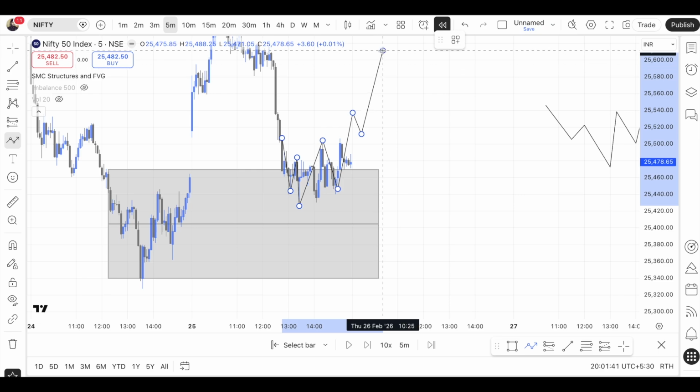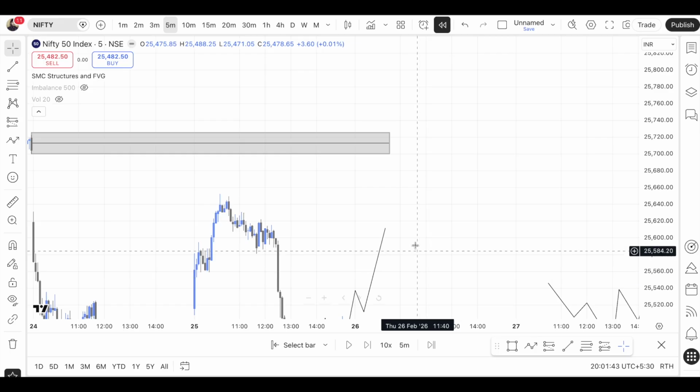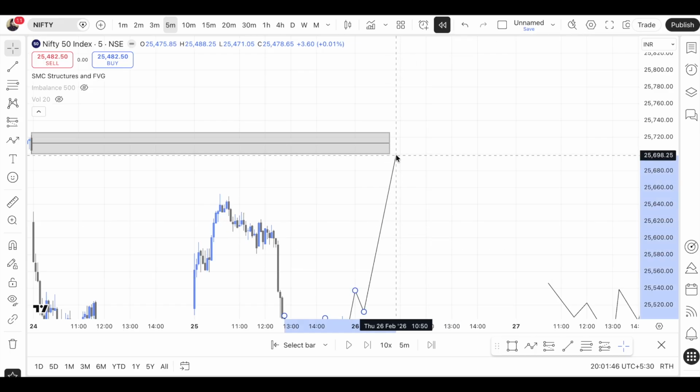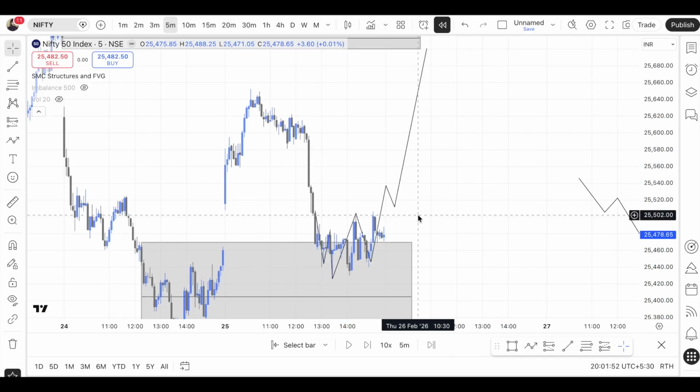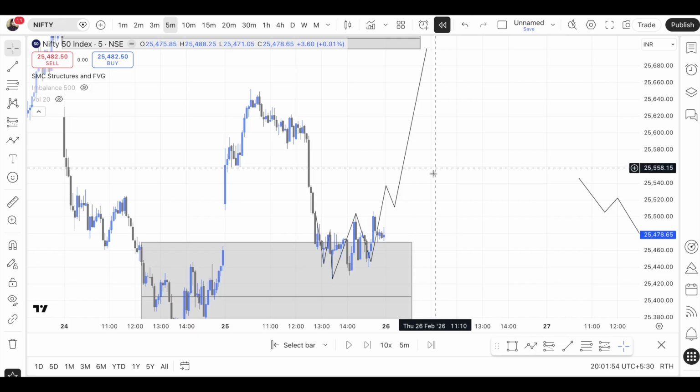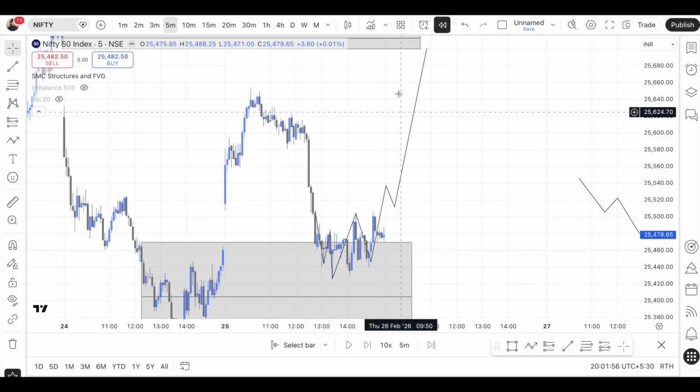If market extends 590, we can see the target extended all the way till this particular open supply which we have around 25,700.